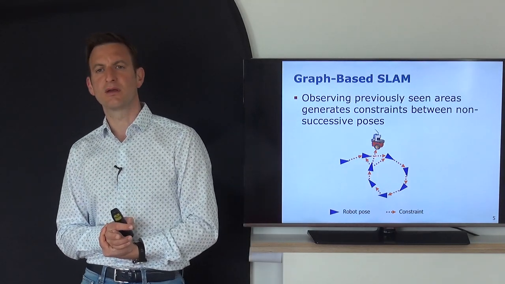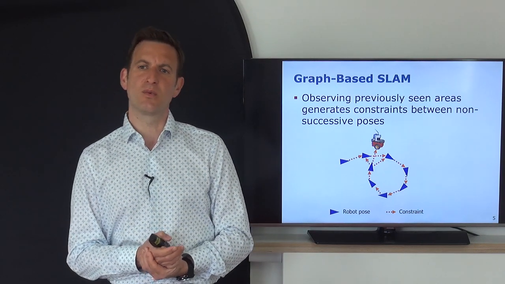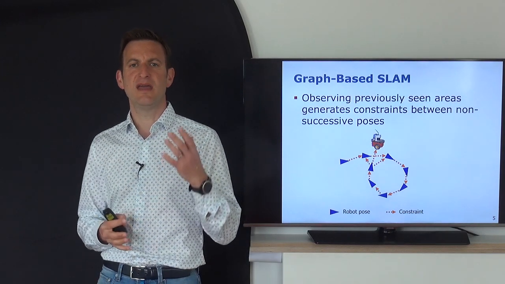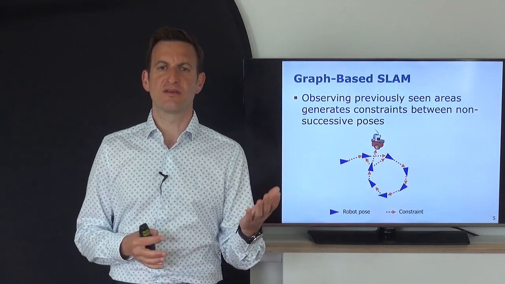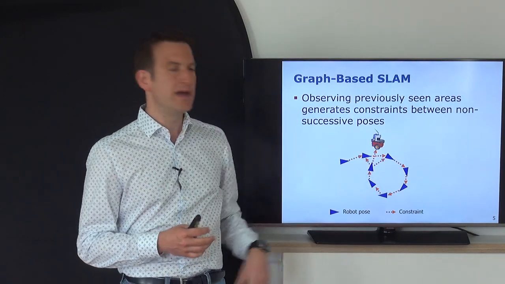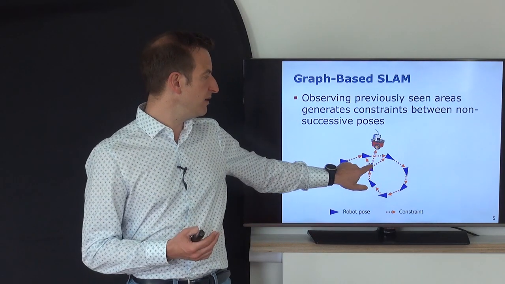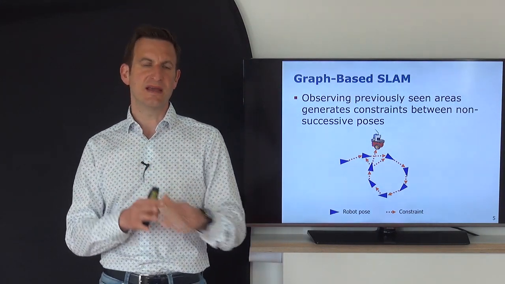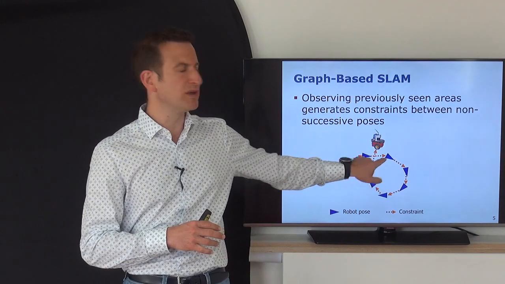How does that work? This can work, for example, through an ICP approach. We have introduced ICP before, where we take, for example, 3D laser scans of the platform taken at a previous point in time, so taken here or here, and align them with the scan taken from this location. And through the alignment of the scans, we can actually compute the relative transformation between those nodes.